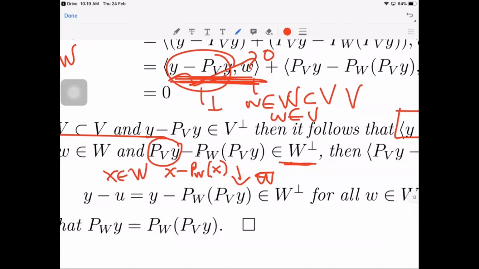And then, ang y, ato bang definition sa projection? Naa kay V, naa sa V, naa kay Y minus V, naa sa V perp. So, ang inyong i-deal din mao ni si V, si X. So, si X nasa W, si Y minus the projection of X unto W is in W perp. Okay?